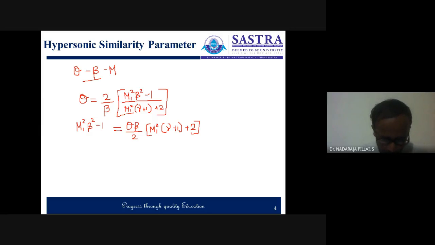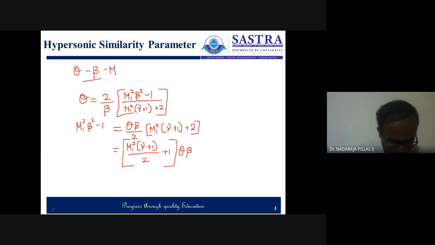We can also write this as M1 square into gamma plus 1 by 2 plus 1, into theta beta.